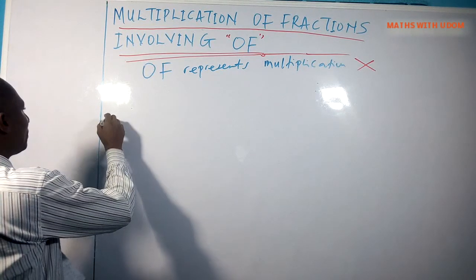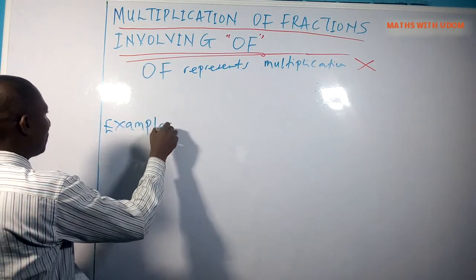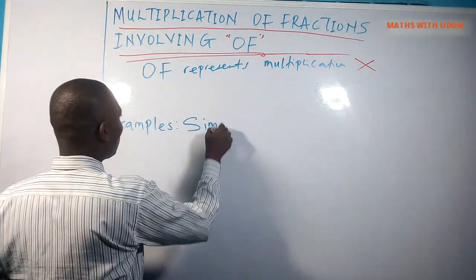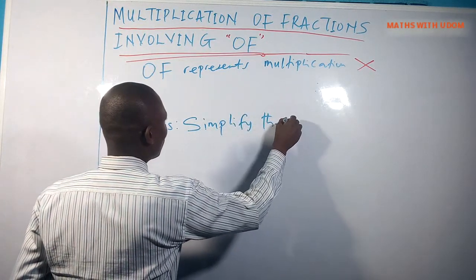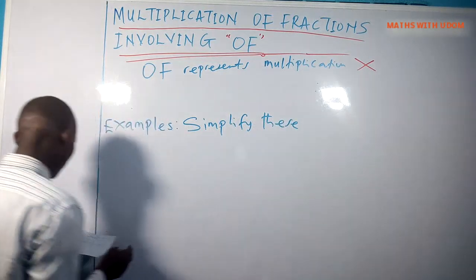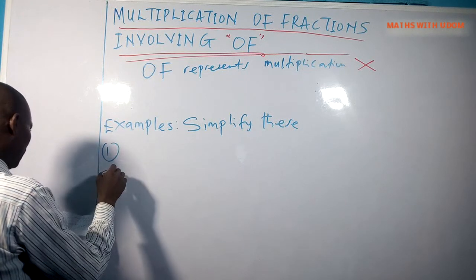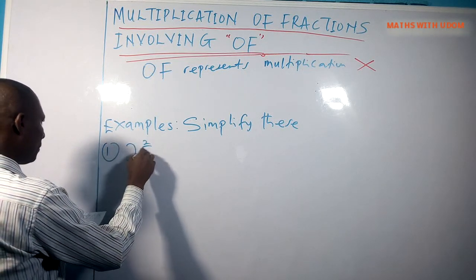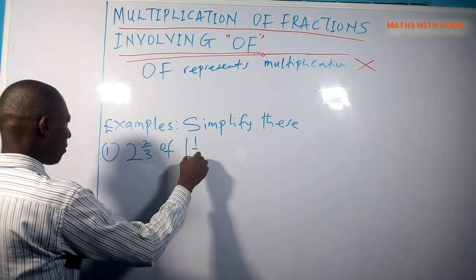Our example. Simplify the following. Okay? So what do we have? Number 1, 2 and 2/3 of 1 and 1/2.